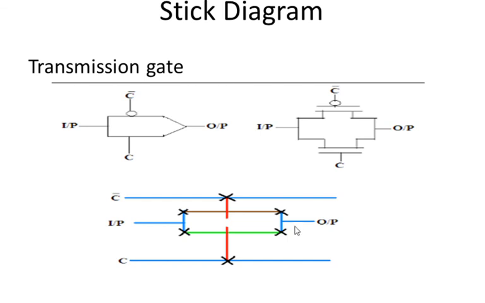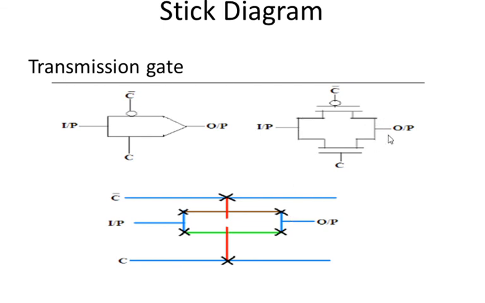Then the remaining connections: here the PMOS transistor terminal and NMOS transistor terminal are connected together on the left hand side. The same thing is applicable here. Likewise, we are using metal to connect the PMOS terminal and NMOS terminal.